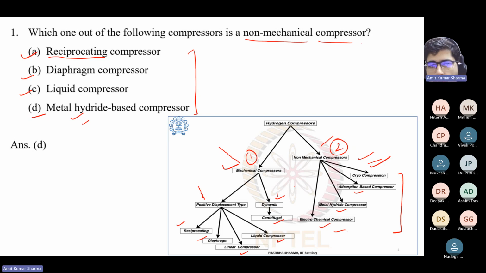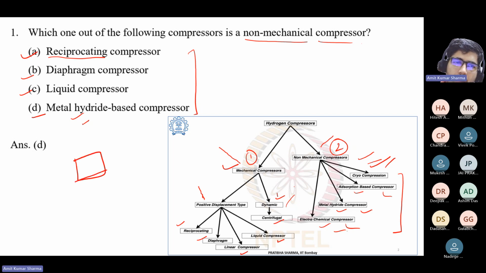you are using the displacement method to reduce that volume to get the compression. Okay. In the centrifugal, you have centrifugal force. In electrochemical, you have the transfer of ions through the membrane. In metal hydride, you have a chemical reaction. In cryo, you have liquid hydrogen, then you pump it, evaporate it and store it at high pressure. In adsorption, you have a material absorbing the hydrogen. But in all these four, reciprocating, diaphragm, linear, liquid, you have a particular volume.